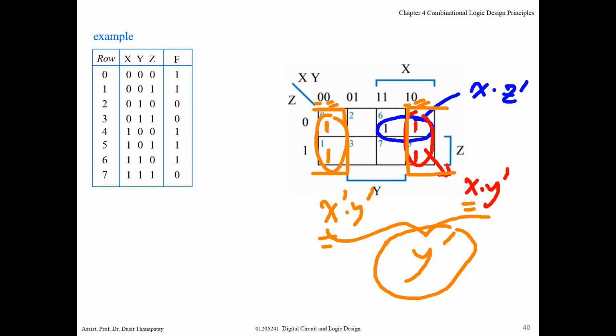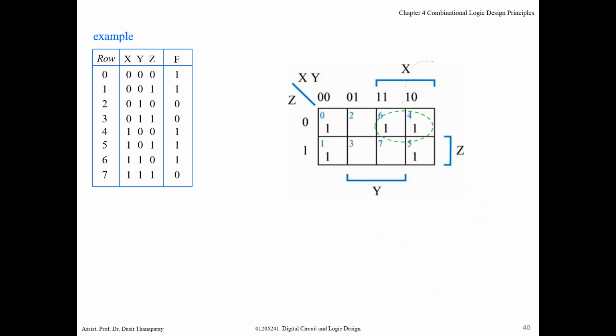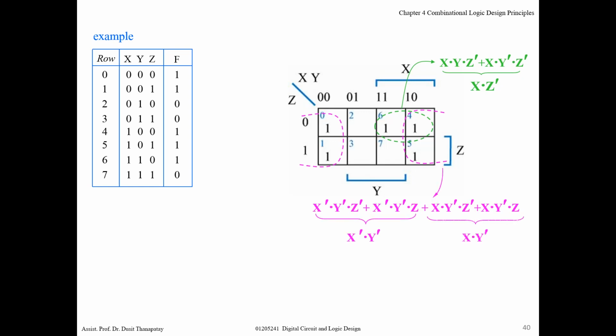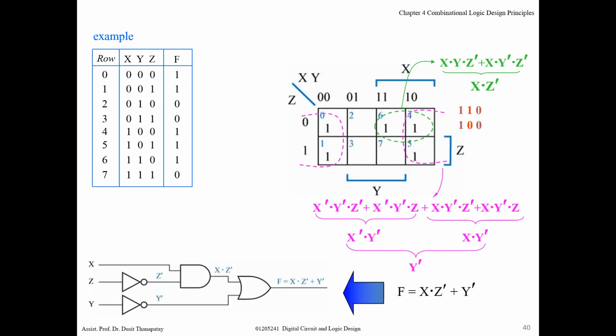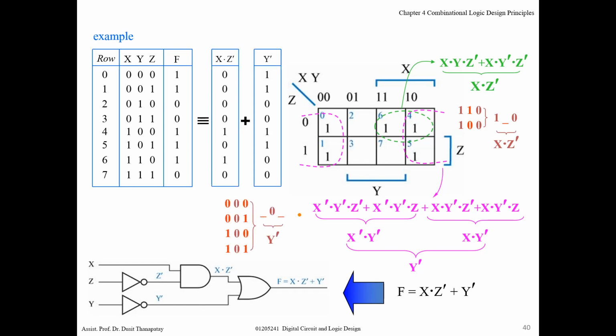And now you select all of the logic 1 output cells, so your function will be y equal to what? X and z prime, right? Plus what? Y prime. Finish. Okay, right? This one. If you look at this schema, let's consider the meaning of each term.